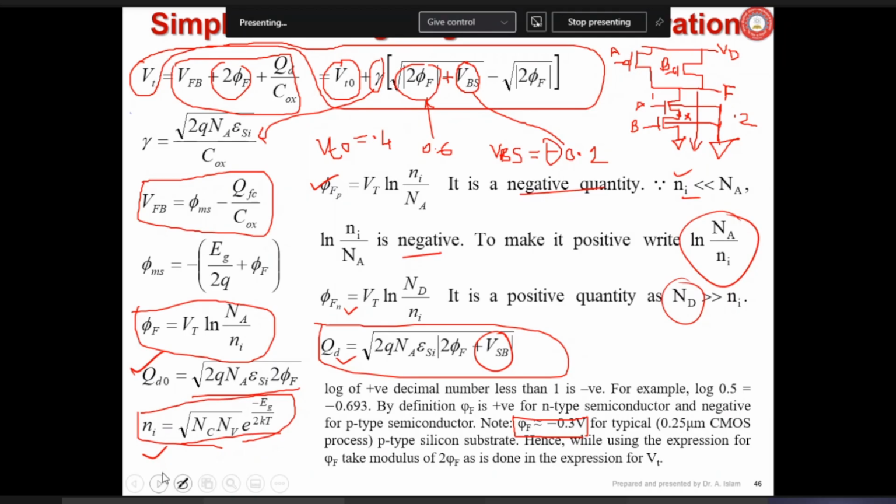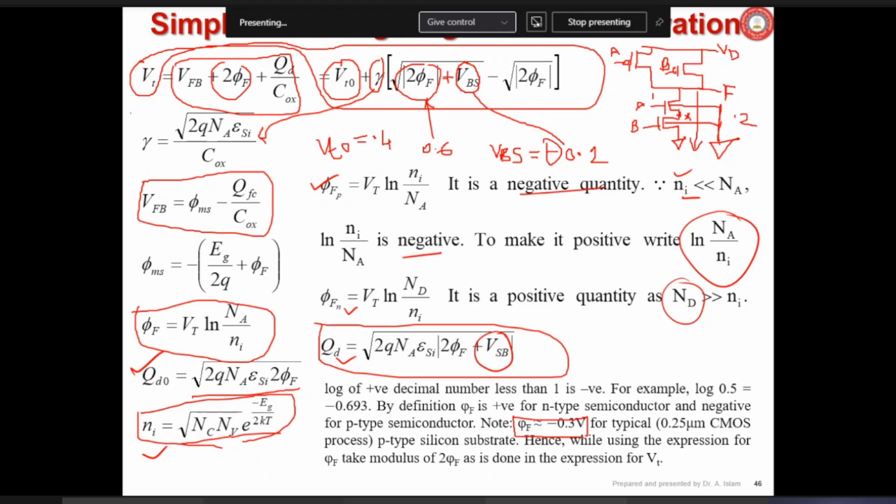If you can recall, it might have been taught in your electronic devices theory. But in general, we keep VSB 0, right? We short them together. We'll discuss it, don't worry. In general, but sometimes in a circuit it may not happen. We'll be discussing it right now.